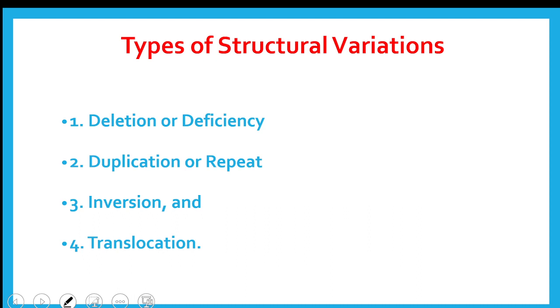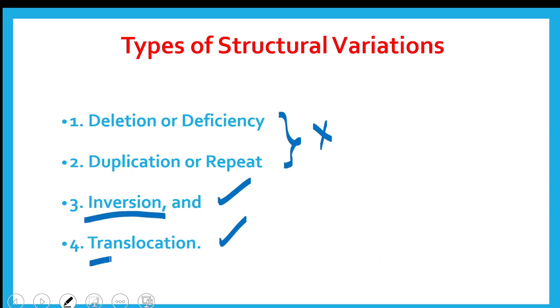Likewise, here also, when we deal with structural variations, deletions and duplications to some extent are in general not that significant in the formation of a new species, whereas inversions and translocations are found to be significant in evolution in the formation of a new species.